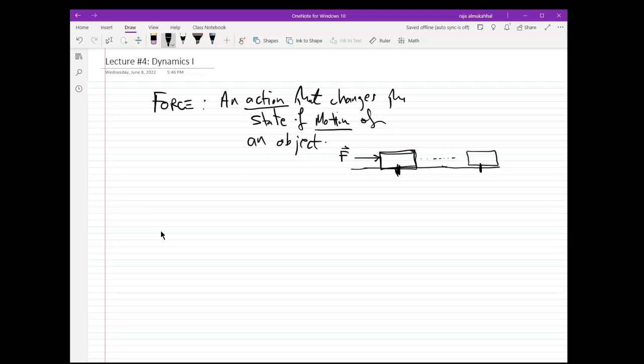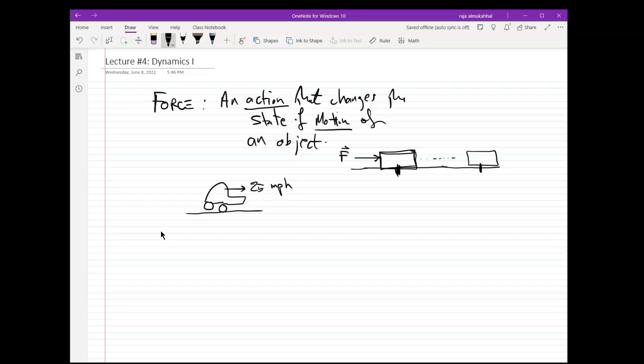Another example, say you're driving your car, going, say, 25 miles an hour at constant speed, and then you decide you want to stop, so you push on the brake. The brake is a force. So you have slowed down the car. Now the car is moving at a lower speed.